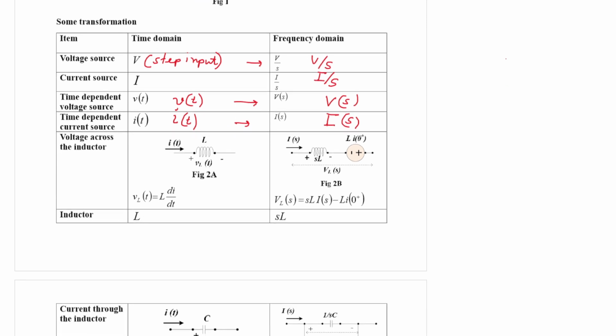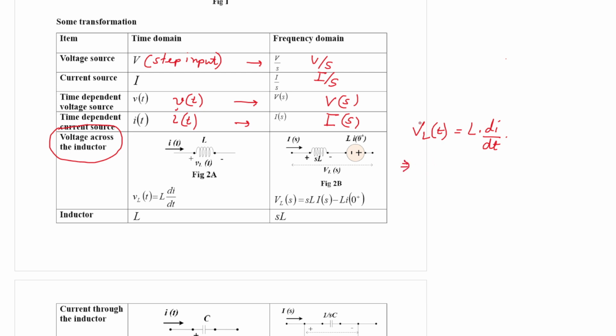Now let us move on to the next thing, that is, what will be the voltage across the inductor. Very important. Suppose this is an inductor and some current i(t) is flowing through that inductor. What will be the voltage across the inductor? v_L(t) is L into di/dt.